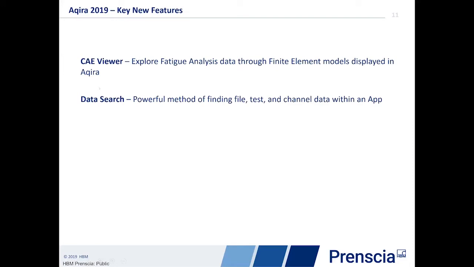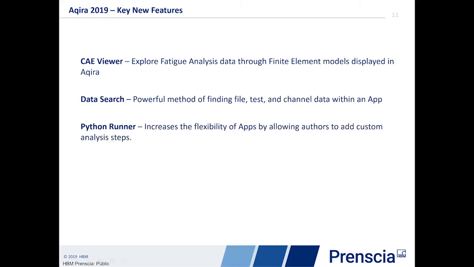But data search is also a new feature, so you can index data, and then you can easily find any data, whether it's a channel or test or file. But what we will insist on more in this presentation is the Python runner. That means more flexibility in your apps. We'll cover that in a minute.